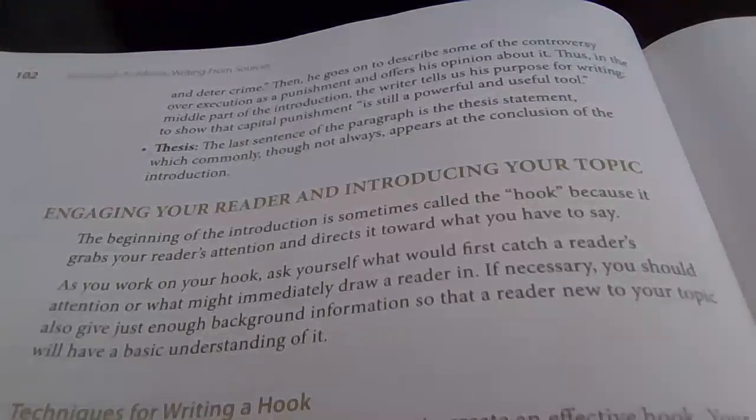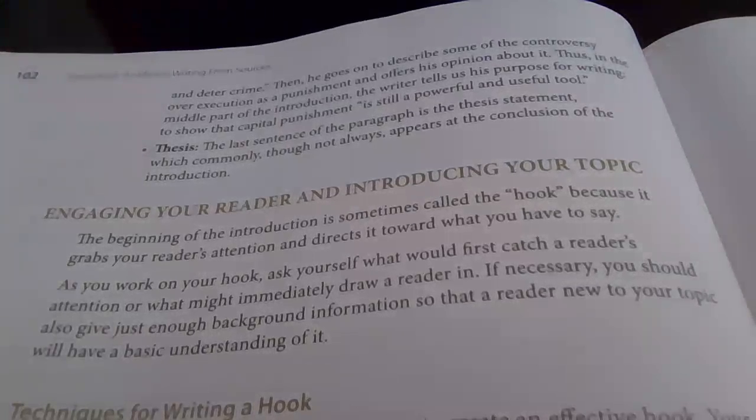Thus, in the middle part of the introduction, the writer tells us his purpose for writing, to show that capital punishment is still a powerful and useful tool. Of course, we end with our thesis. The last sentence of the paragraph is the thesis statement, which commonly, not always, but most likely usually should appear at the conclusion of the introduction.